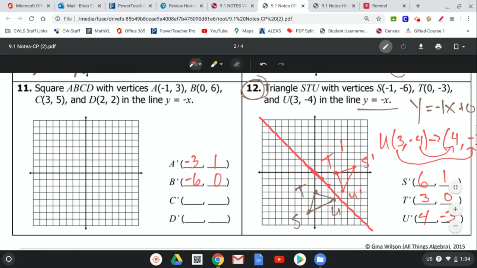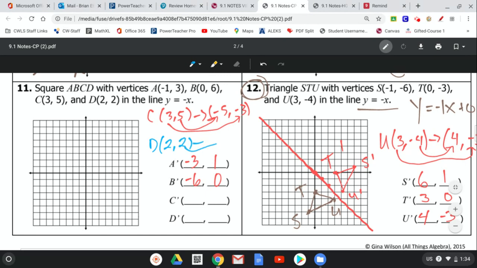So C, for C, it's 3, 5. So when we reflect it, it's going to become a -5, -3. Changing the sign, swapping the order, okay? And the last one is going to be D. D is 2, 2.